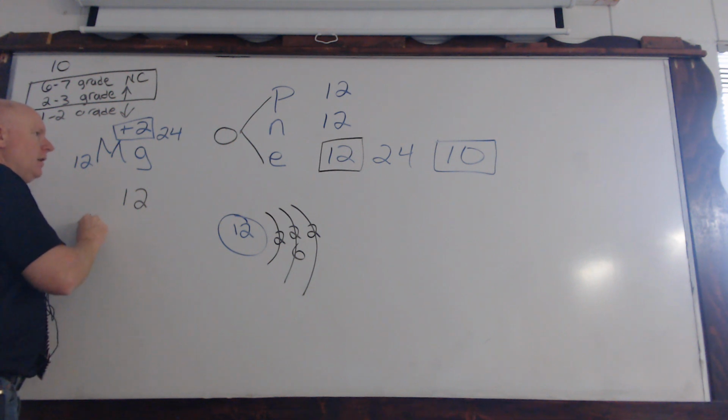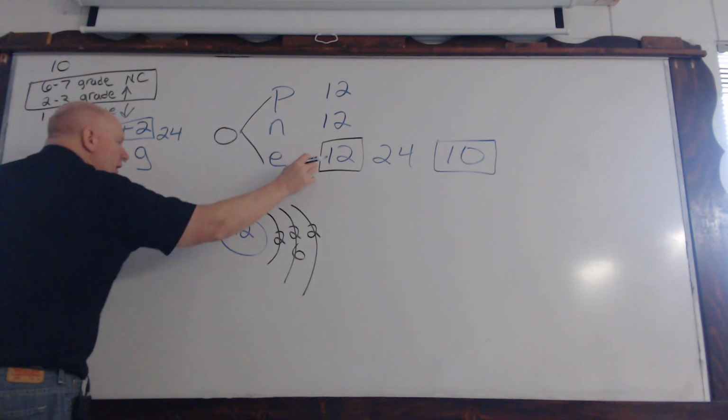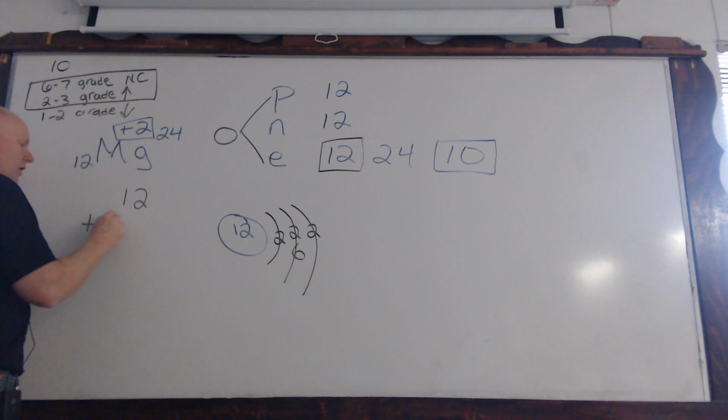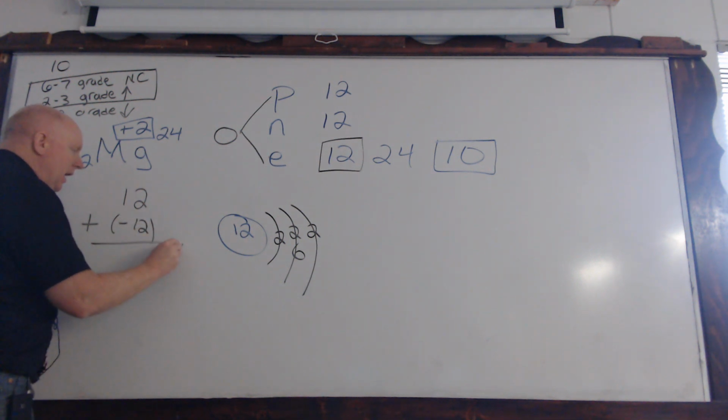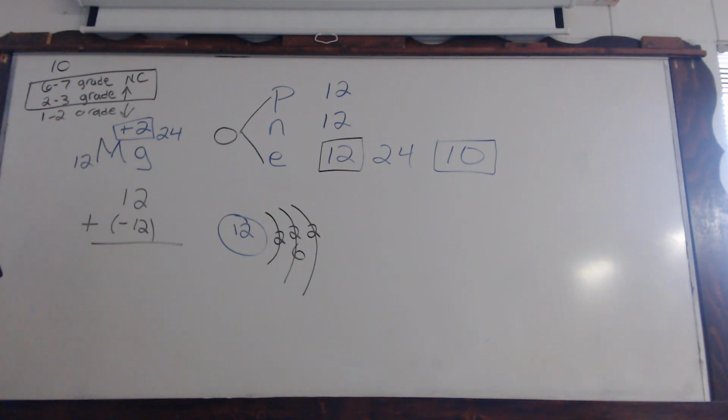And if we say there are 12 negative charges, what happens when you add those two together? It becomes 0. You get a 0 net charge.